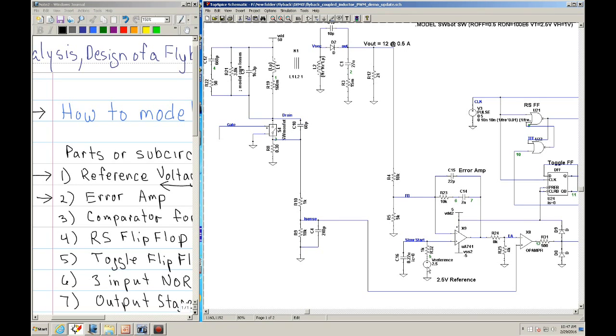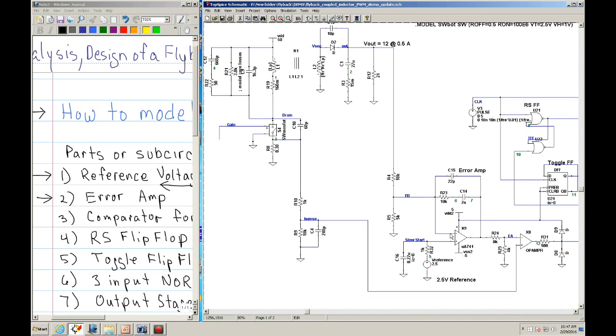That way when this turns on, instead of turning on straight to 5 volts or 2.5 volts, it comes up slowly in a very controlled way, and it eventually ramps up to 2.5 volts. So what it does, it prevents overshoot of the power supply. Okay, so that's connected there.